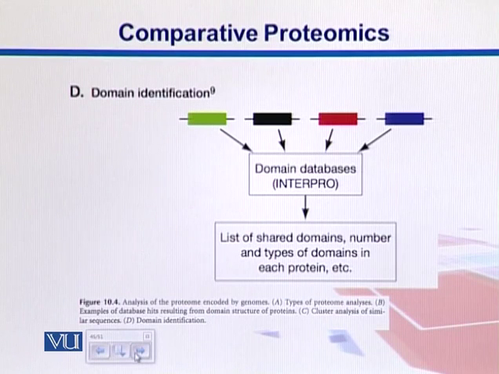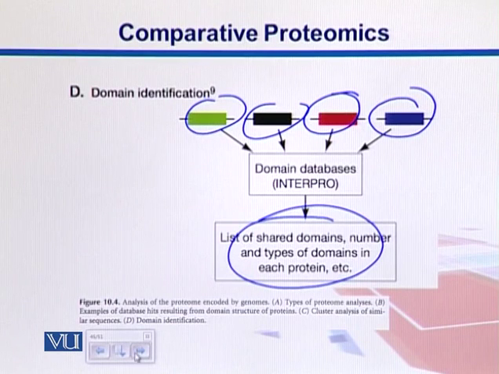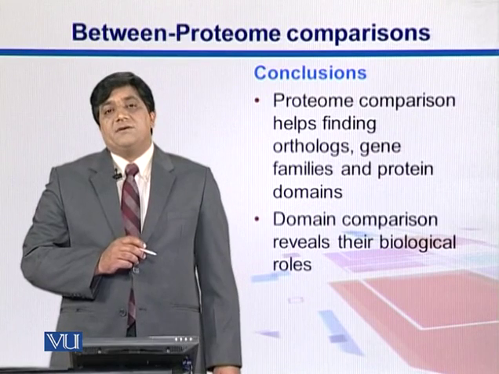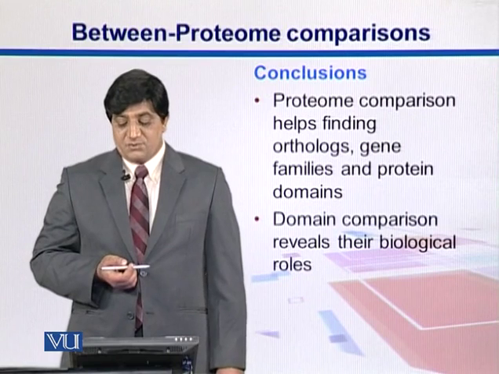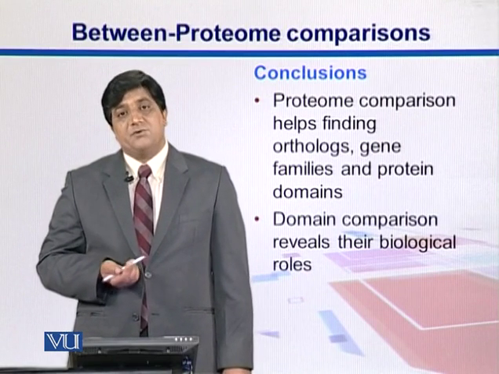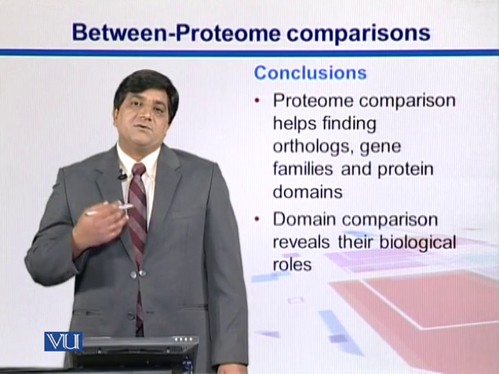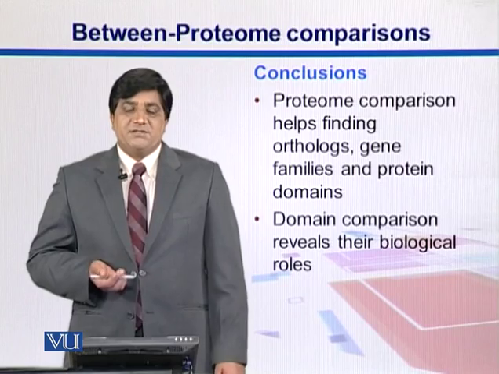So here, for example, we take the domains from different proteins and we put them into some domain databases, and then in the end we can come up with shared domains, the domains which are present in these different groups, and then we can correlate this information to get an idea about their functions. So proteome comparison helps find orthologs, gene families and protein domains, and domain comparisons can also help correlate to the biological functions.